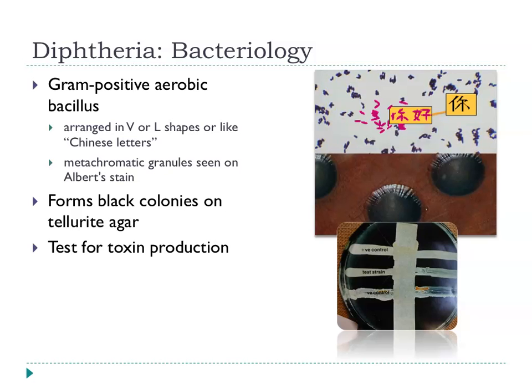A development on that was this test here, shown as the Elek test, where instead of doing that, you actually use an antibody to the toxin, and you look for arcs of precipitation where the toxin and antitoxin meet in the agar, and you can just about see those on there around the positive control. Nowadays, we would tend to use a PCR-based test, a DNA-based test as well, certainly as a preliminary screening test.